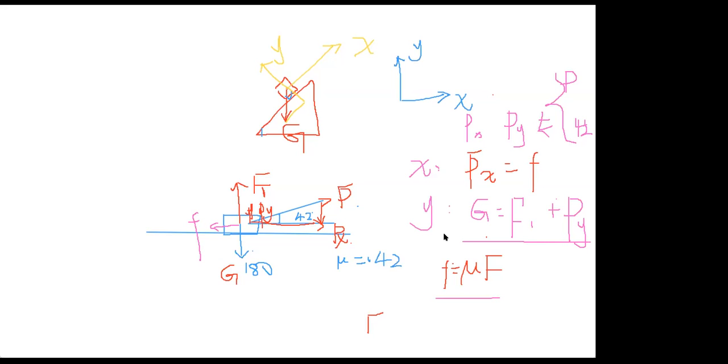Right? And then from there we get p is equal to 0.42 times 180 all over cosine of 42 plus 0.42 times sine of 42. And that'll give us what P needs to be.